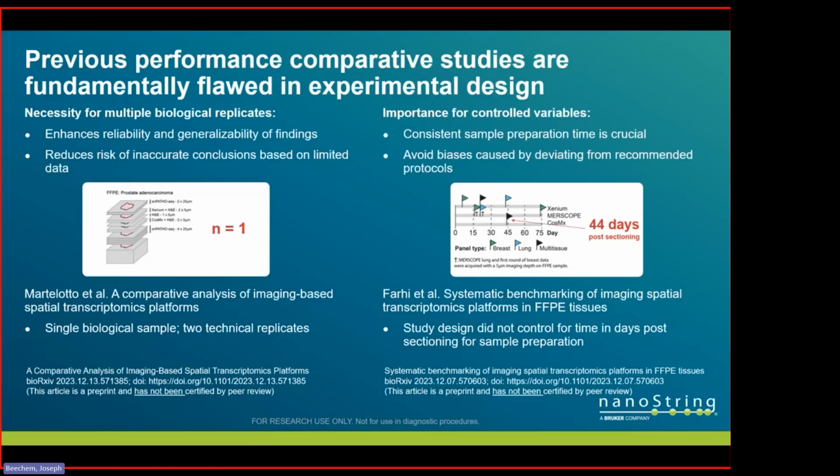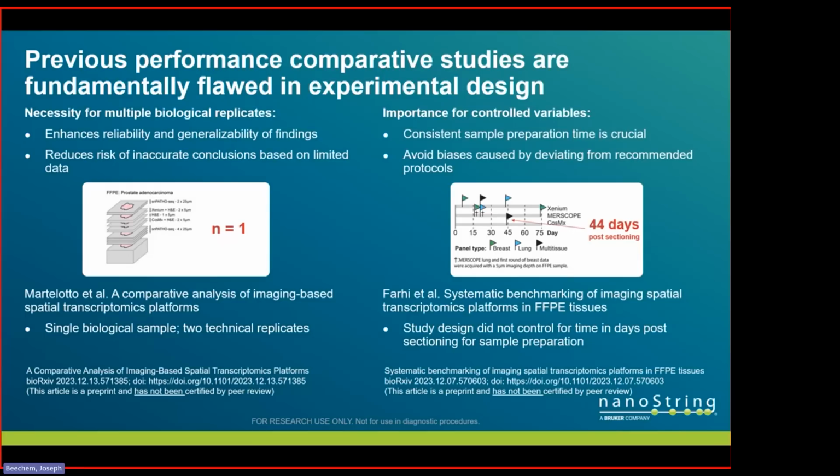And then the one on the right is intrinsically flawed because it turned out they're comparing, you can see Xenium, Merscope, and CosMx all being compared. But the time between when they cut the section and when it went into measurements that they wrote up in this paper were all different. CosMx sat around for 44 days before they made any measurements on them.